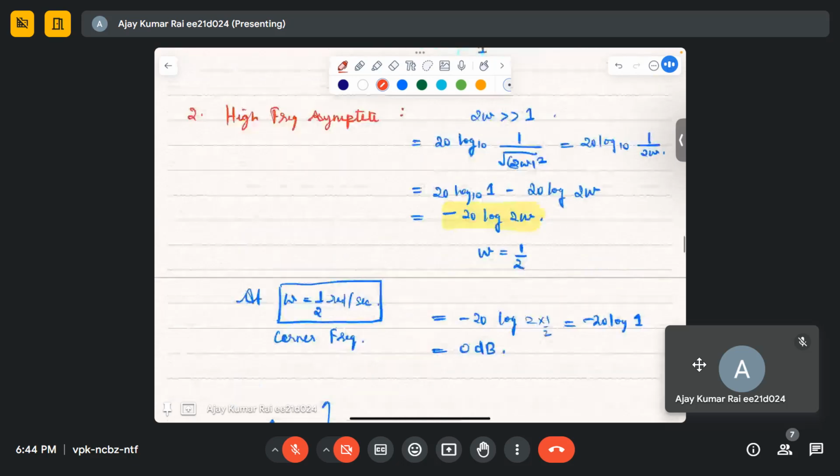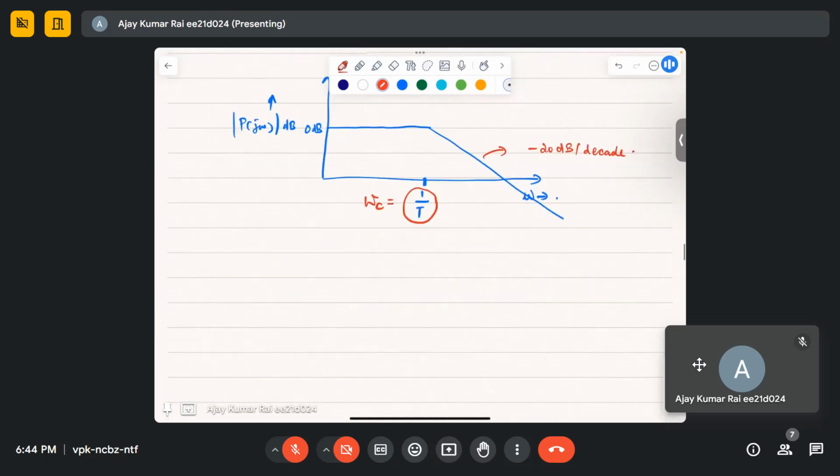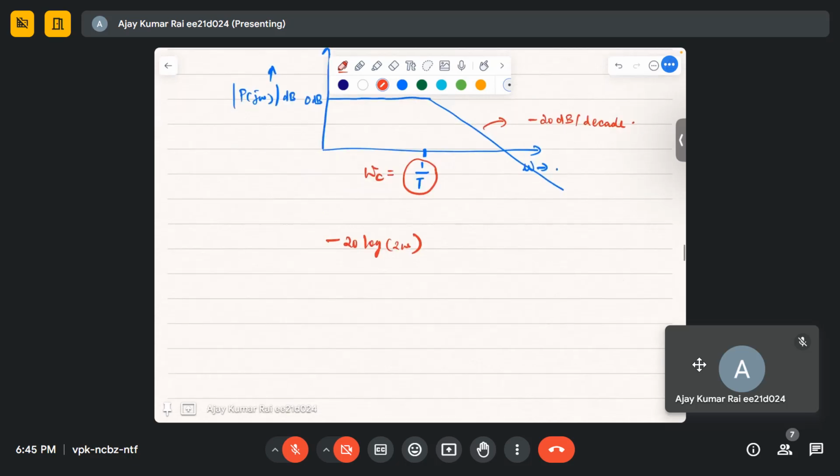So how to find the slope here? Simple. We know at high frequency asymptote the magnitude is minus 20 log of 2 omega. You just take 10 times of that frequency. Let's take 10 omega, so 2 into 10 omega.